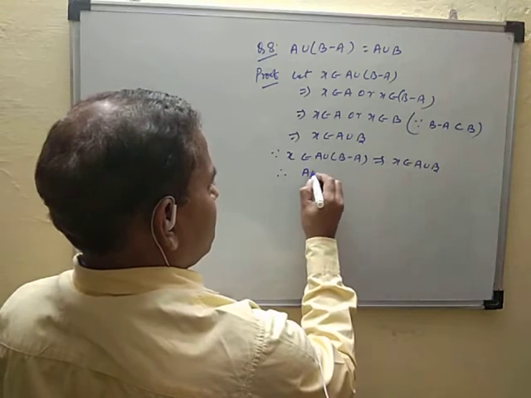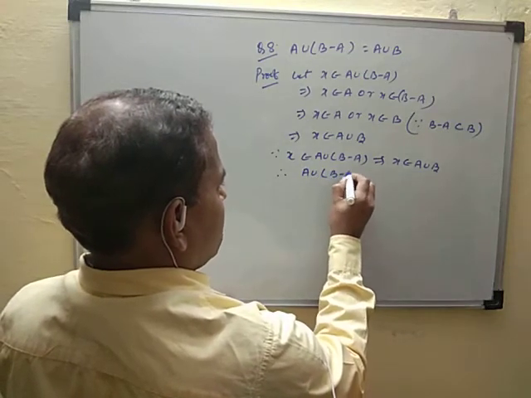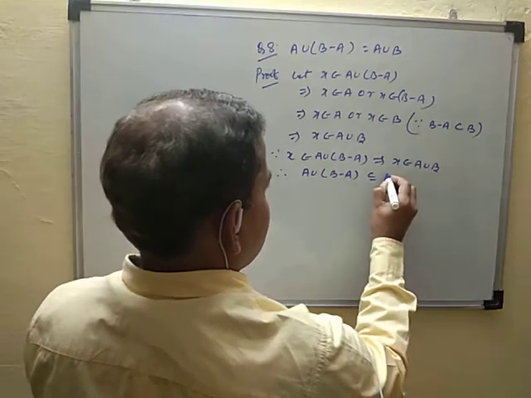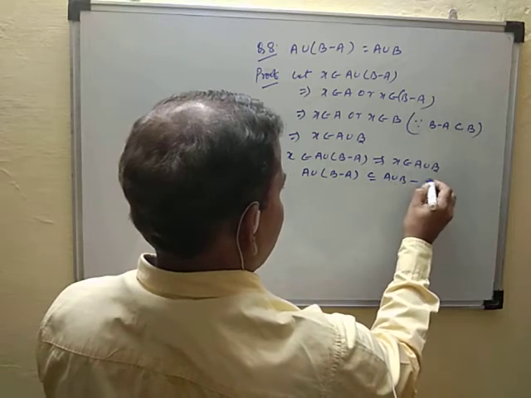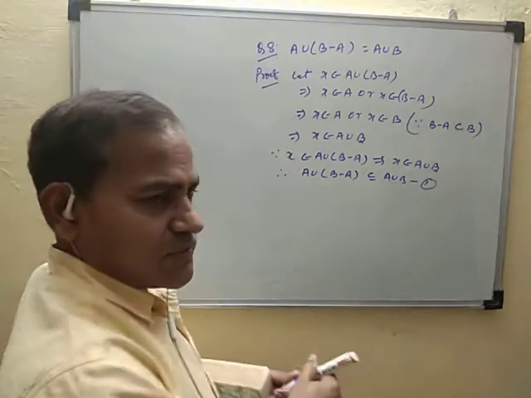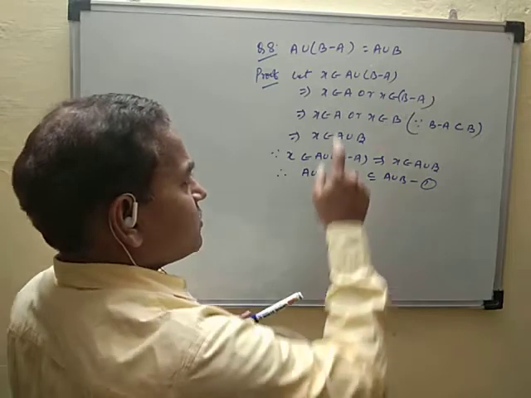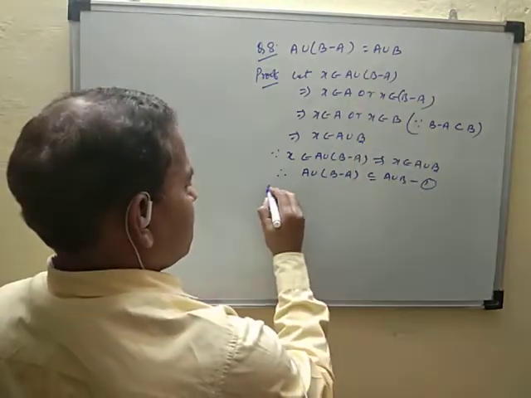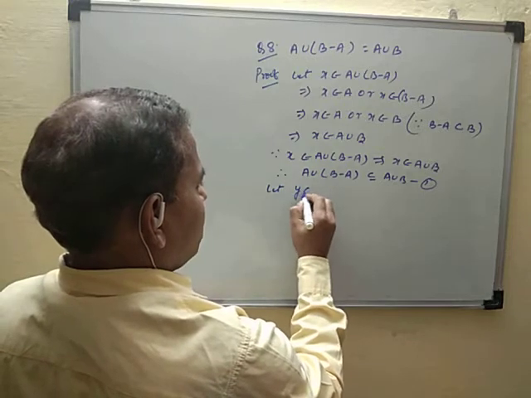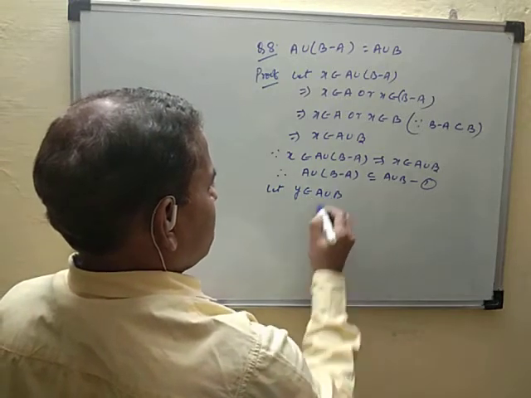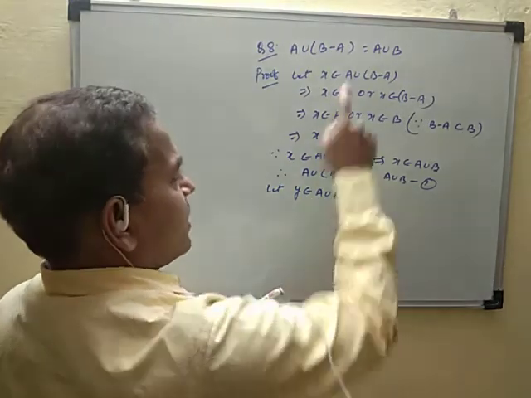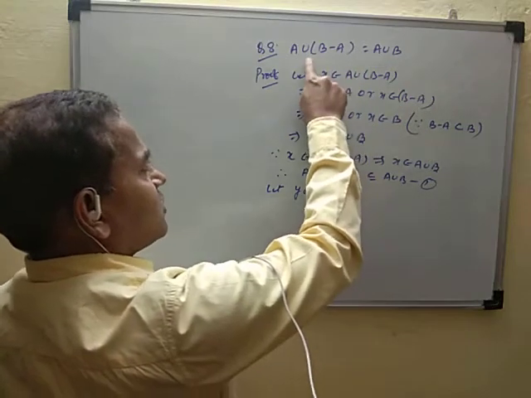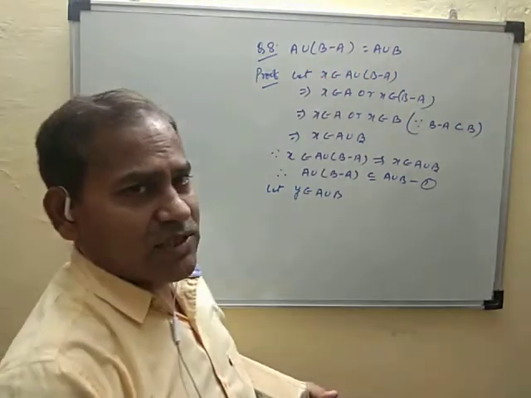So therefore (A union B) minus A is a subset of A union B. Call it first. Now suppose any element Y belongs to A union B. So let Y belong to A union B. Now we show that A union B is a subset of (A union B) minus A.